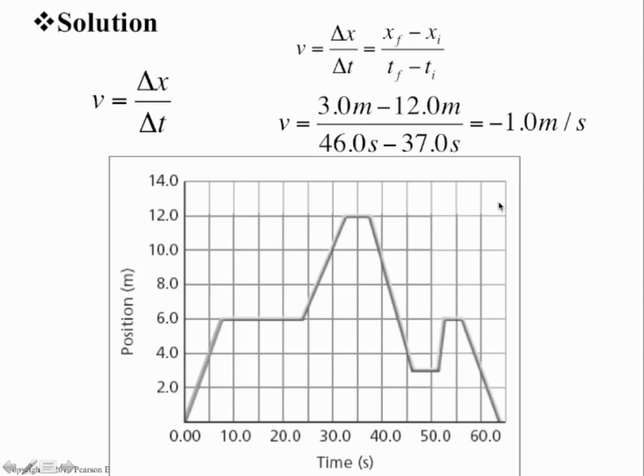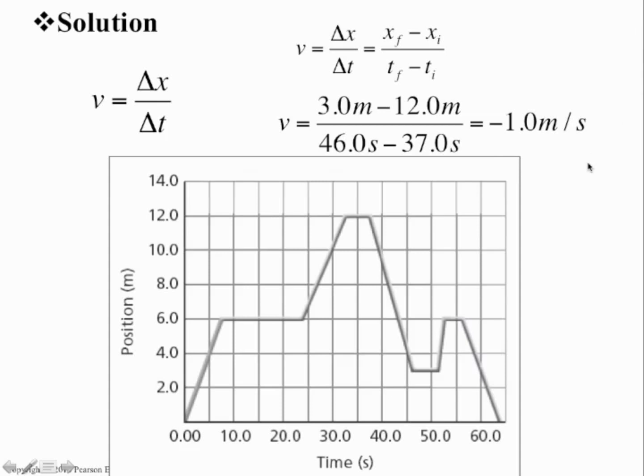And when we do this calculation, we end up with negative 1.0 meters per second. Notice that the final answer is in two significant digits, because if you look at the numerator, 3.0 minus 12.0 gives you negative 9.0, and then down here 46.0 minus 37.0 gives you 9.0, and so negative 9.0 divided by 9.0 gives you negative 1.0 meters per second.